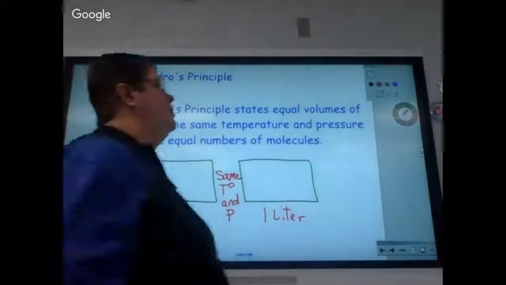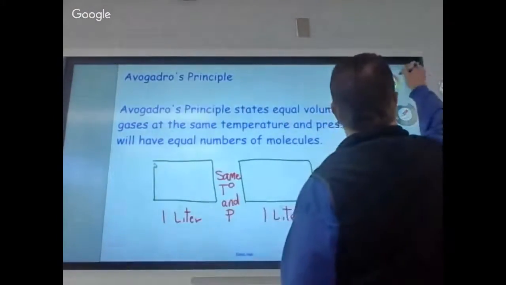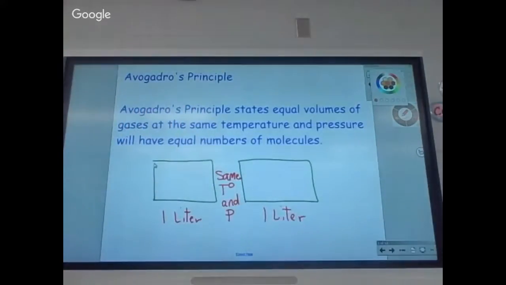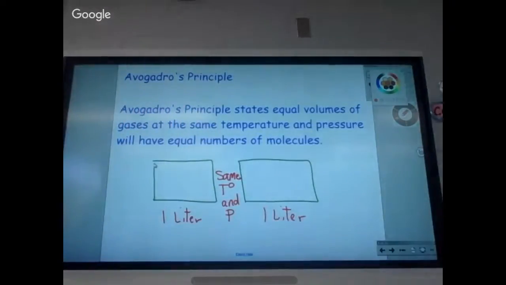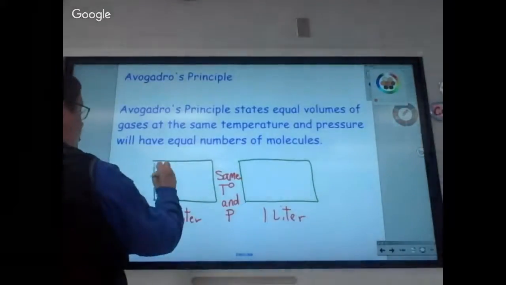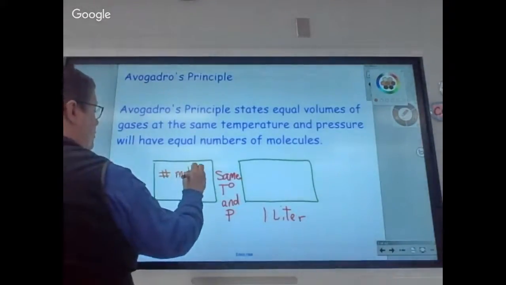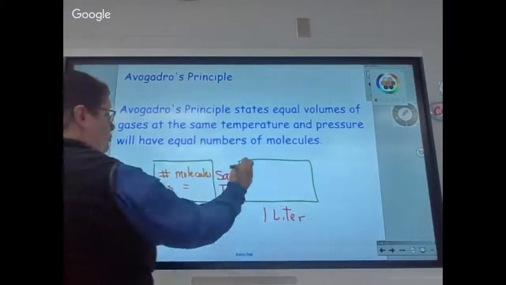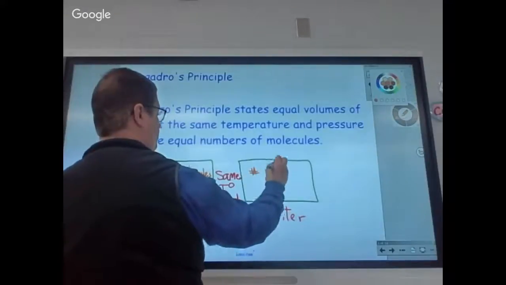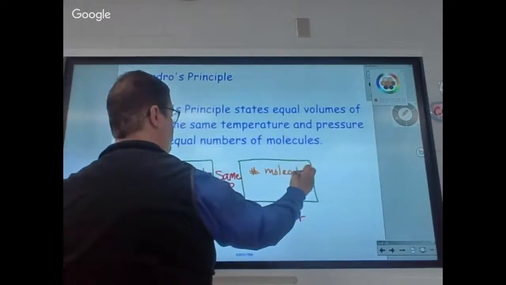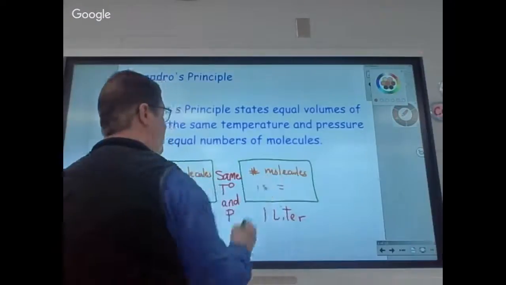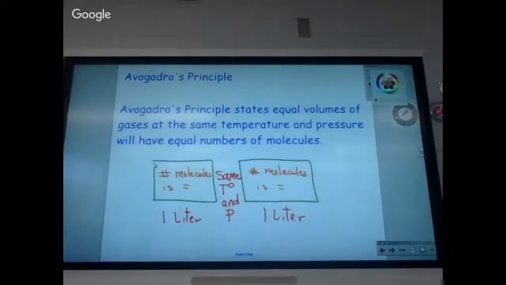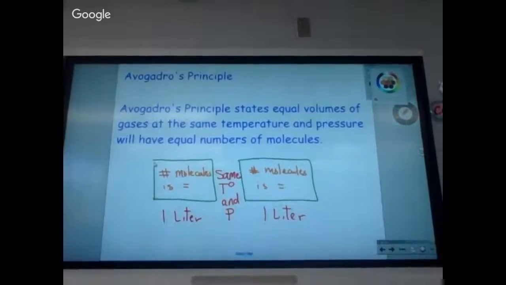He's telling us we can assume what about the inside of the gas container? That's right. The number of molecules is equal. Okay? Now, do we necessarily know what that number is? No. We just know they're equal.